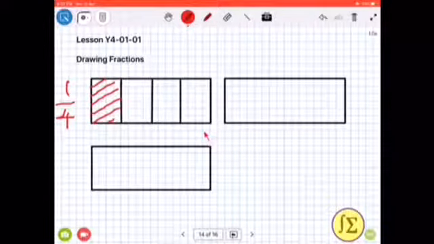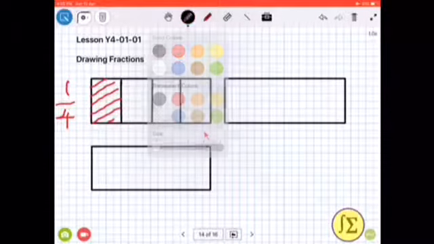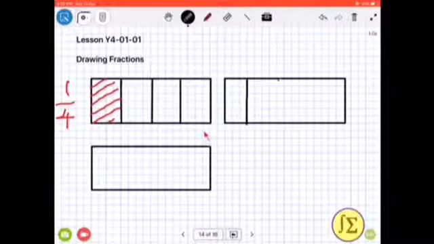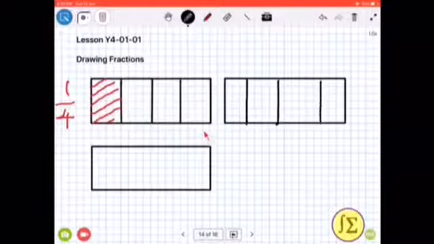Right? Okay, so the key here is to divide them to 4 equal parts. Right? If you do not do that, let me try to do the same thing here. If you do not do that, let's say I do one here and here. Okay, I divided them to 4 parts, but they're not equal, right?